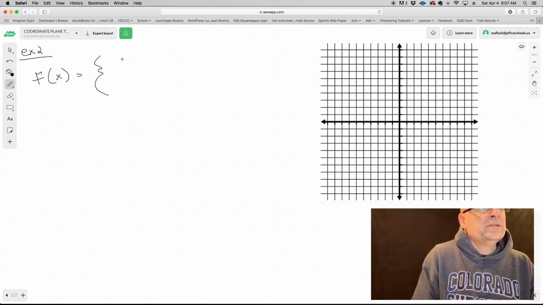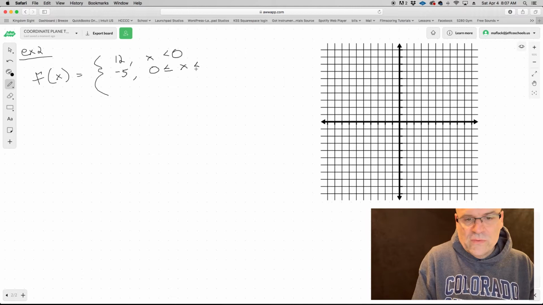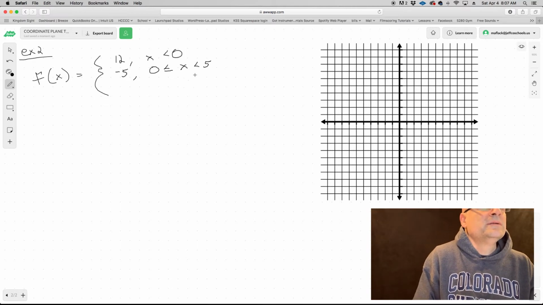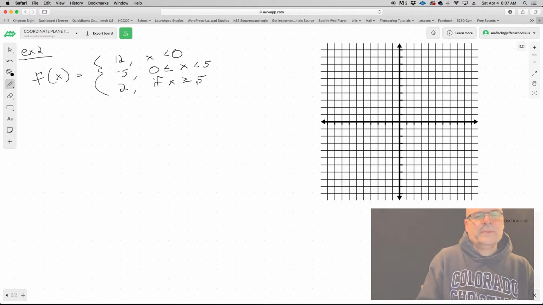The value is 12 when x is less than 0. The value is -5 when x is in between 0 and 5, okay? And the value is 2 when x is greater than or equal to 5, okay?